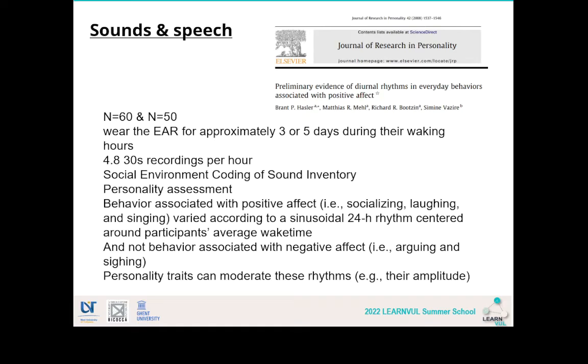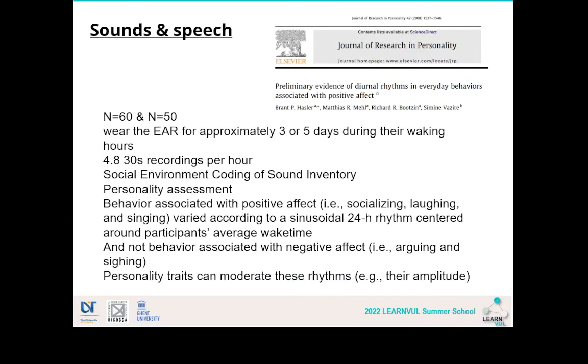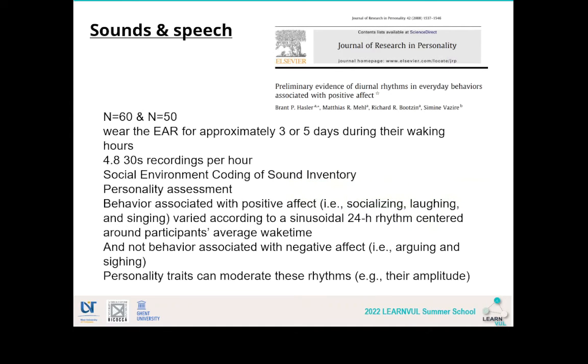And then they were using the social environment coding of sound inventory, which I think is looking at the same kind of thing. It's a way to code this kind of information, so you're coding the information given by those little snips.